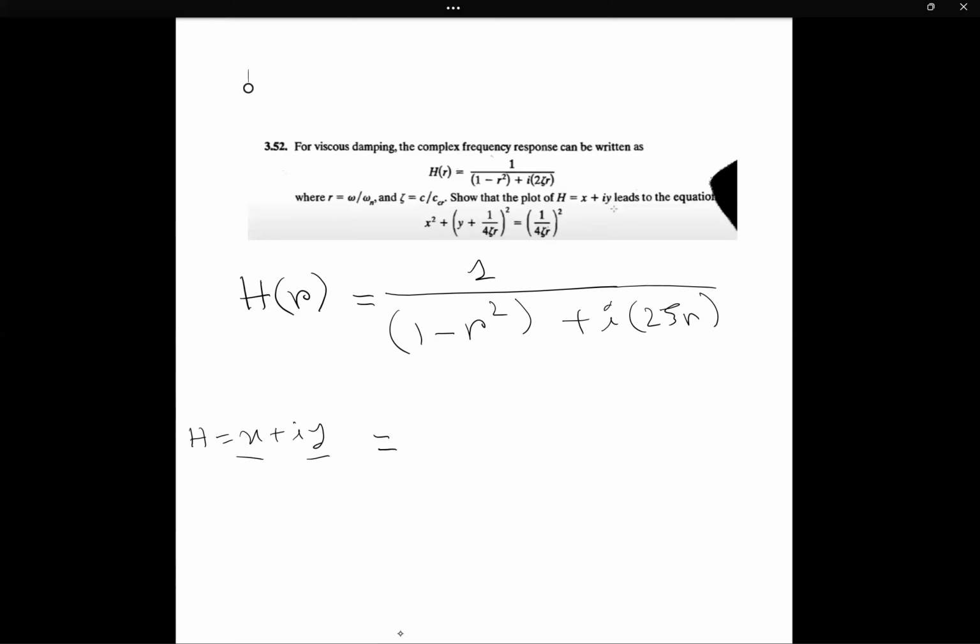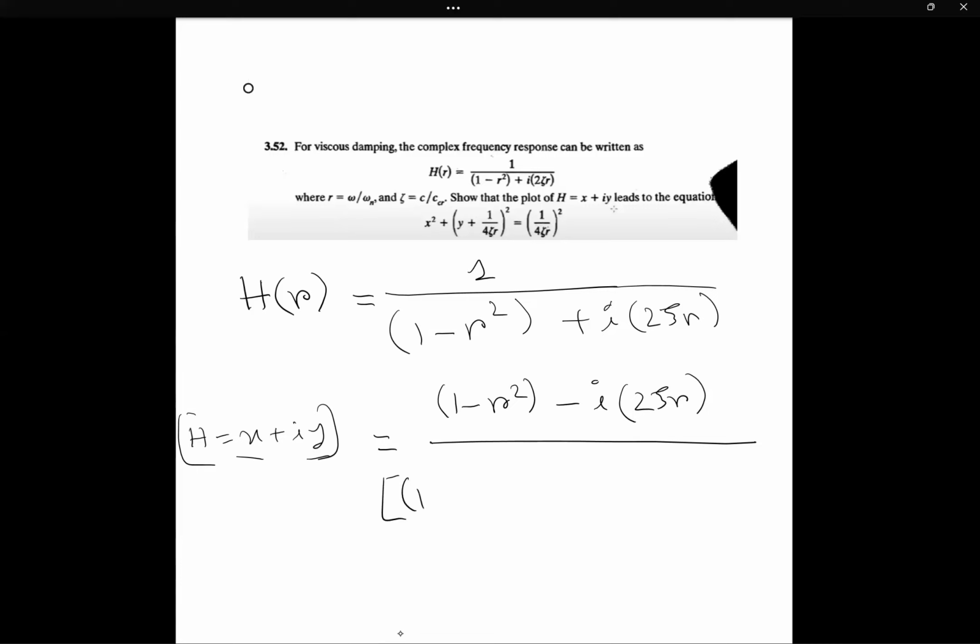For that, I'm going to multiply it with the conjugate of the denominator, which is 1 minus r square minus i2 zeta r.